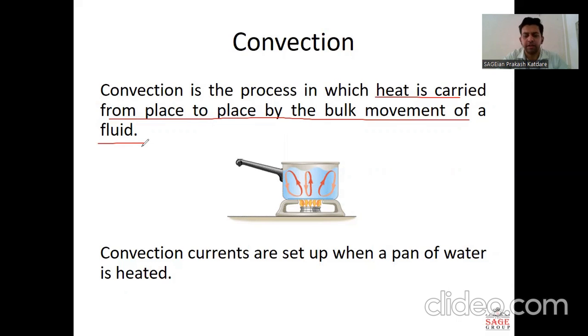As we can see in the image, when a pan of water is heated, the burner is basically stationary. It transfers the heat to the pan with the help of conduction, and after that this conducted heat develops convection currents in the pan of water. So the heat transfer modes can be individual or may combine with each other.